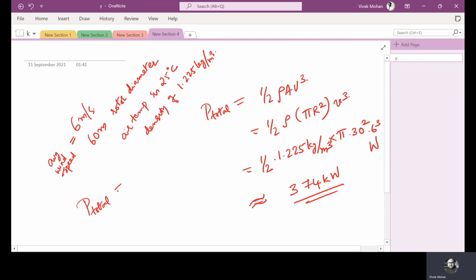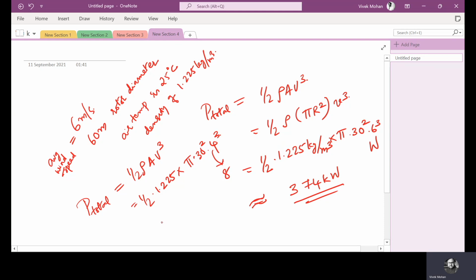P total equals half rho A V cube, half into 1.225 into pi into 30 squared into 4 cube, right? Now if this 4 is increased to 8, if the wind speed is increased to 8, what happens?